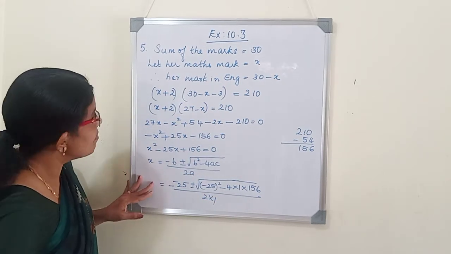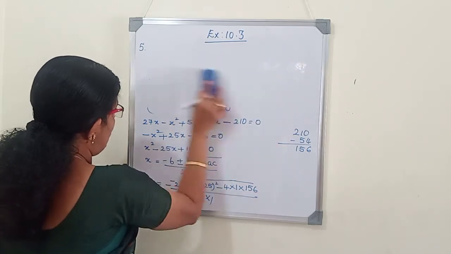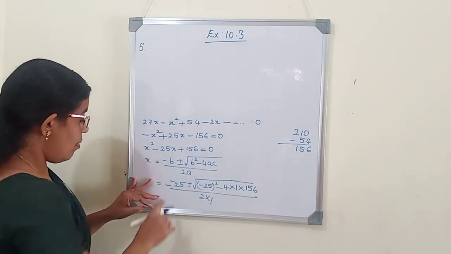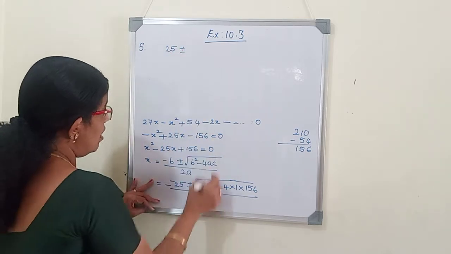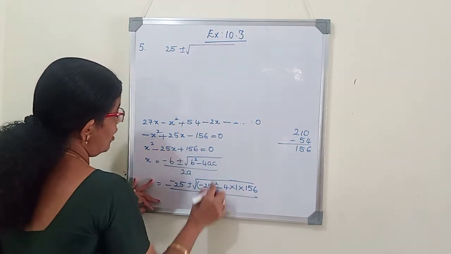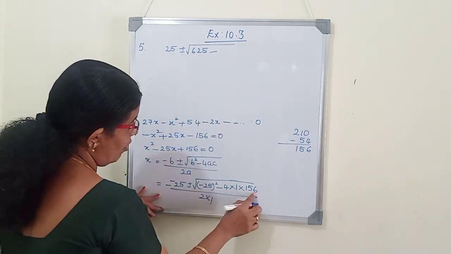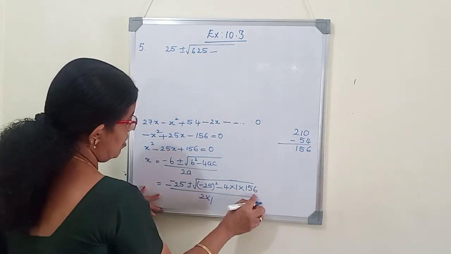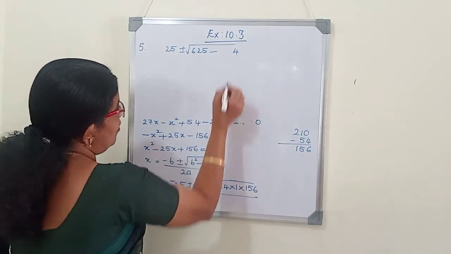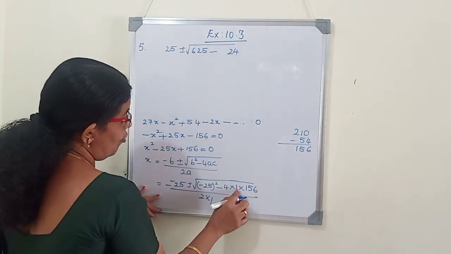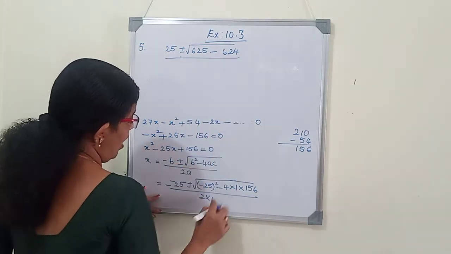Now we will write minus into minus plus, so 25 plus or minus square root of 25 square is 625 minus, now we will multiply 4 into 156, 6 4s are 24, remainder 2, 5 4s are 20, 22, 2, 4 1s are 4, 624, divided by 2.